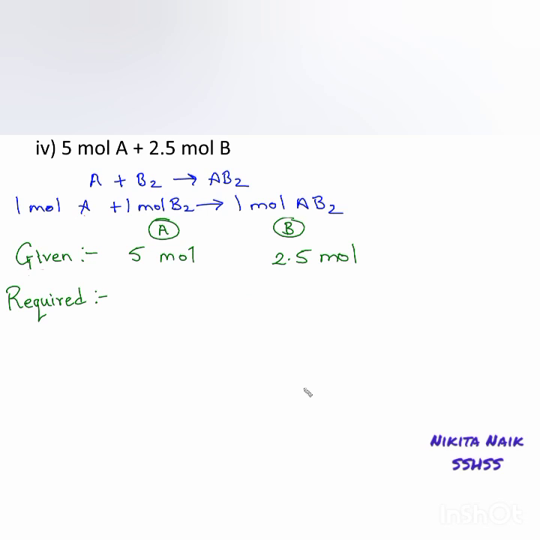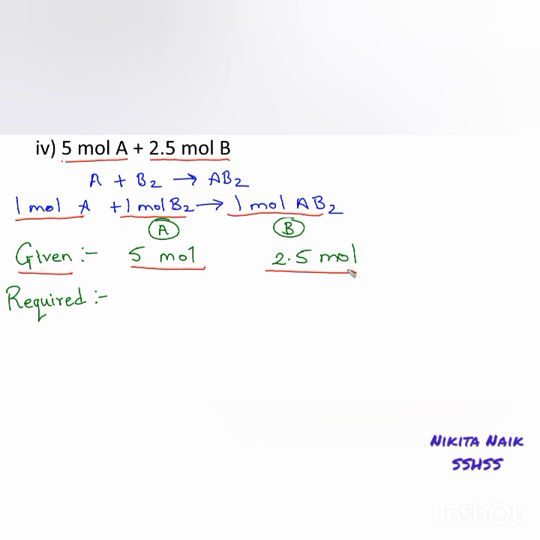In the fourth part, what is given to us is 5 mole of A and 2.5 mole of B. The general reaction in terms of mole will be 1 mole of A plus 1 mole of B2 giving us 1 mole of AB2. Now what is the required amount for 1 mole of A? 1 mole of B is required.